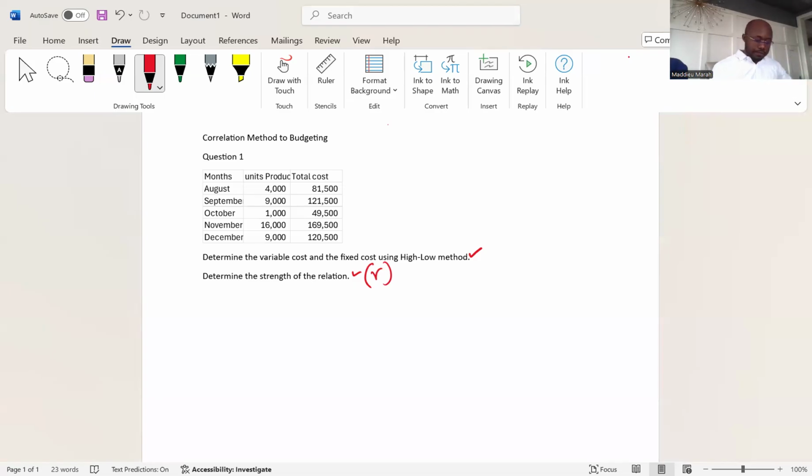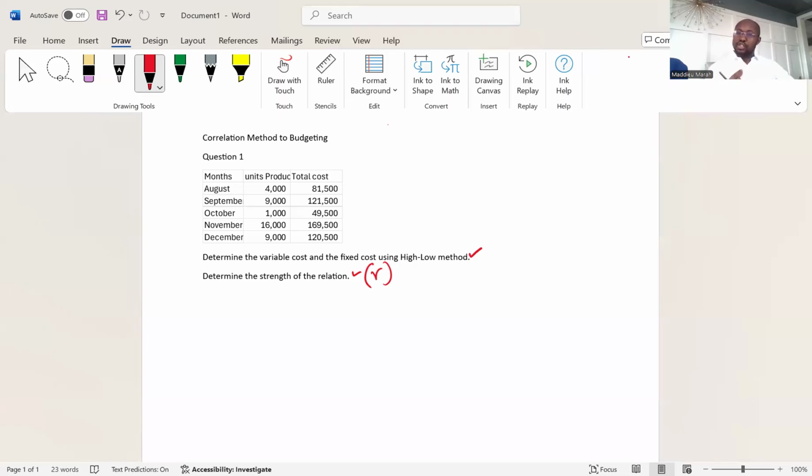For the strength of the relation, which is the correlation, let's solve it. Now, we are given this data. Our first focus is to determine which value is the X and which value is the Y. Logic: one is a dependent variable, another one is an independent variable.